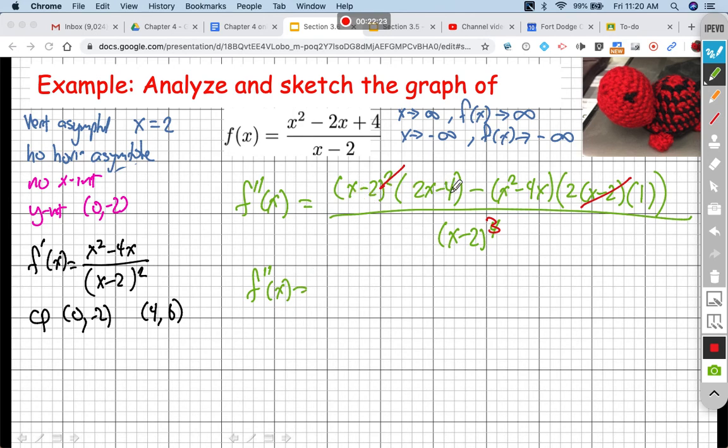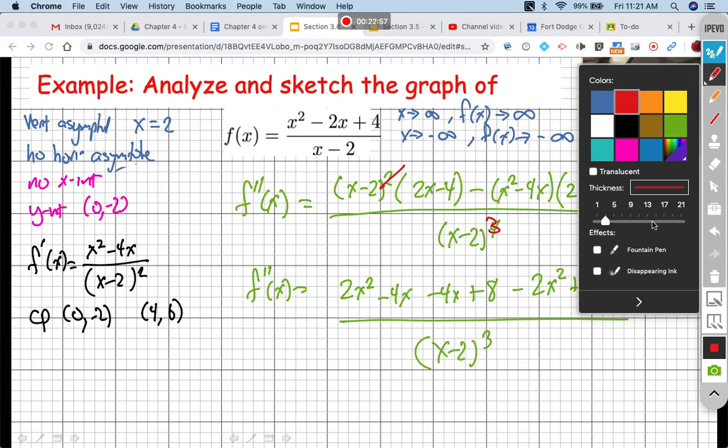So I'm going to get x minus 2 times 2x minus 4 is going to be 2x squared minus 4x minus 4x, not squared, negative 2 times 2x, okay, plus 8 minus 2x squared plus 8x over x minus 2 cubed.